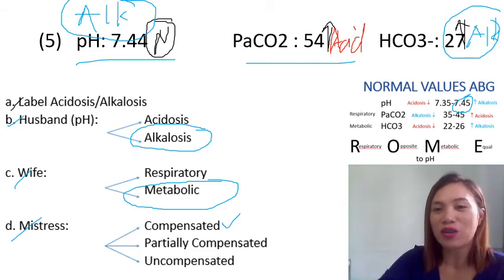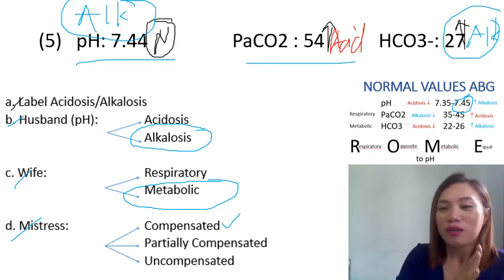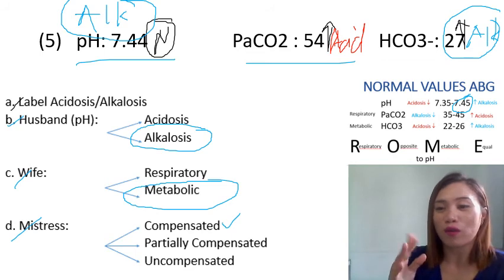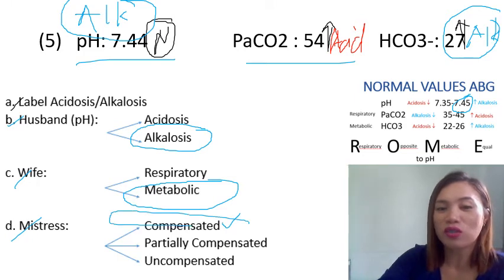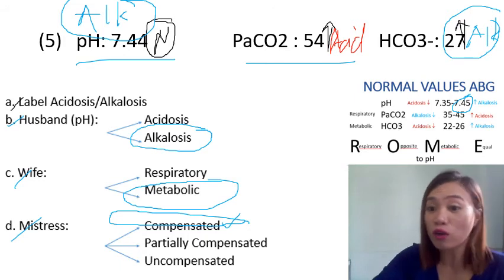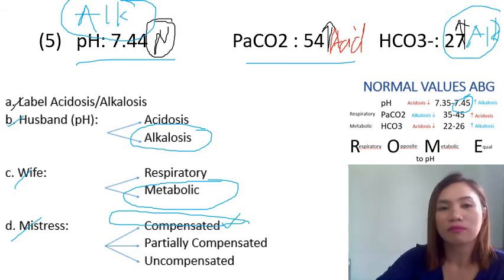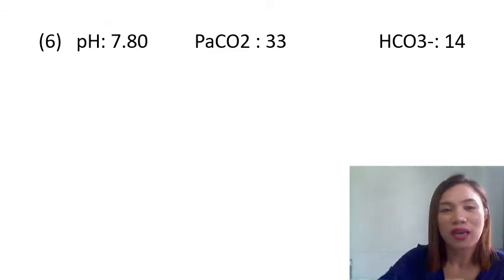It means that your carbon dioxide adjusted itself, or compensated, in order to normalize your pH. Therefore, this result is metabolic alkalosis compensated. Some will say fully compensated, I don't mind. Still the same. Next example.